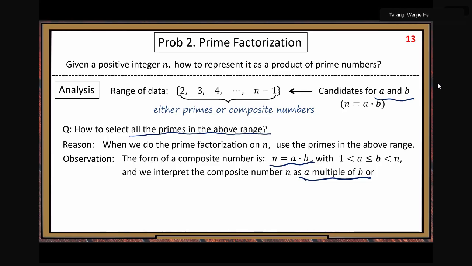And there is another way to view it: b is a multiple of a. Two ways to view this factorization: n is a multiple of b, and n is a multiple of a. So here I want to explain why this view is important.